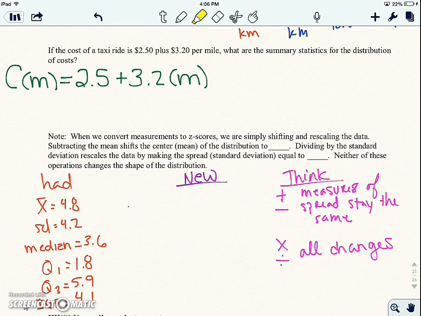So we are taking our value, we're going to multiply, and we're also going to add to it. We are going to ignore the adding for standard deviation and IQR because it doesn't do anything. The multiply and divide, though, does. So let's do everything but standard deviation first and see if this makes sense to you.